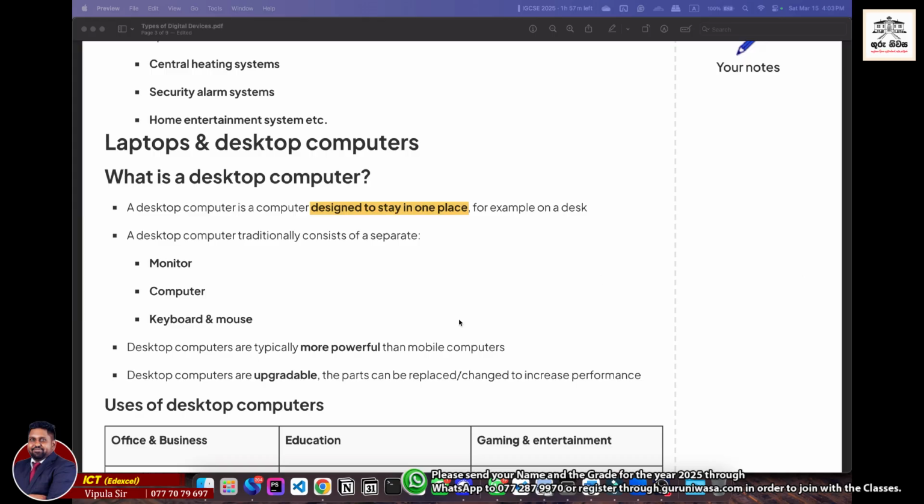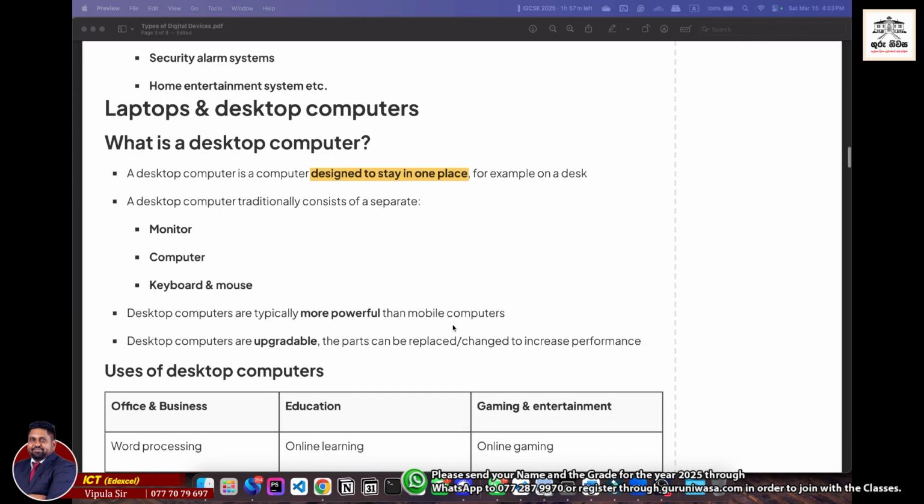Then at the same time, you can just take some notes down. If you get a question to write about the peripherals of a computer, please keep in mind that a desktop computer does not come with a built-in webcam, right? A webcam, a microphone and sound, they are not built in. But if we take a laptop, then obviously a laptop will have all these support peripherals built in.